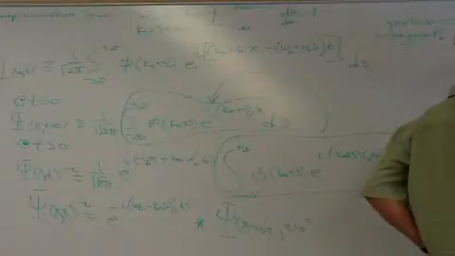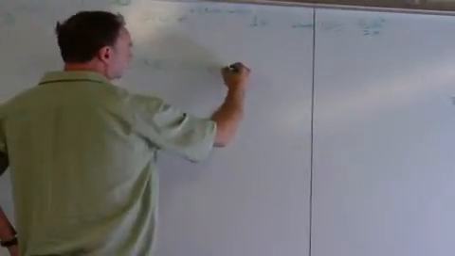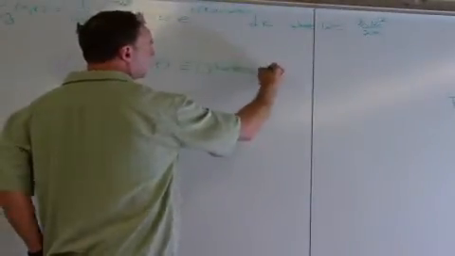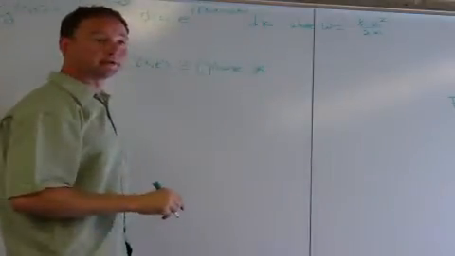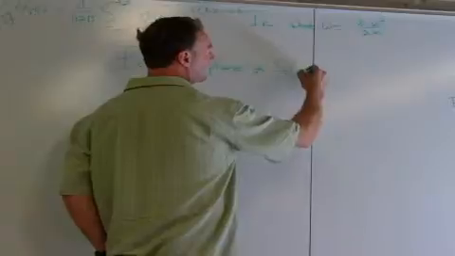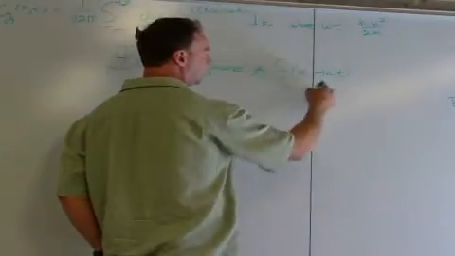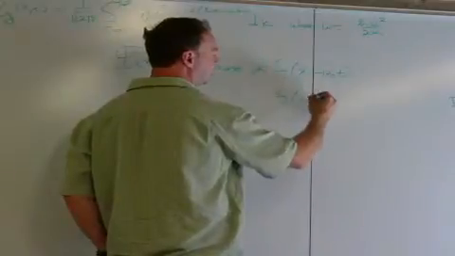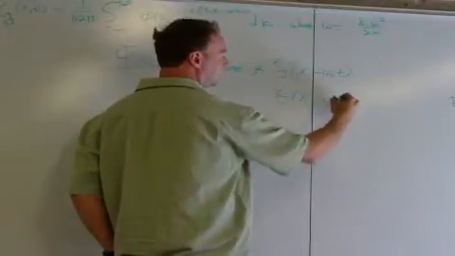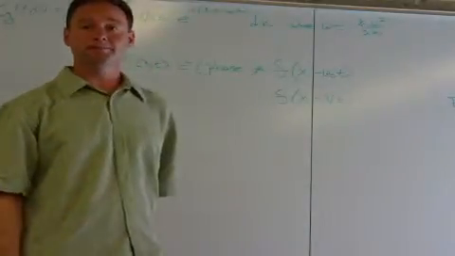So in essence, we end up with psi of x comma t approximately equal to a phase, and the phase goes away, times a function of x minus omega naught prime t, and that looks just like a function of x minus vt. And what is a function of x minus vt?